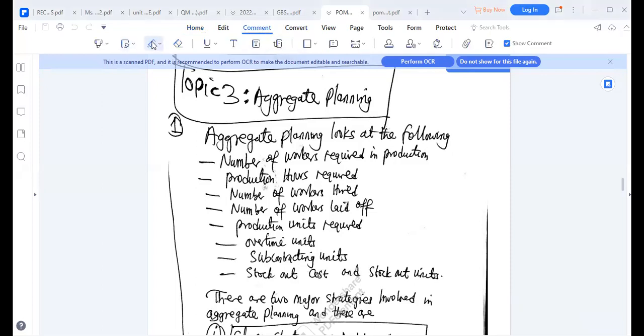Now, aggregate planning has two major strategies, but in general, aggregate planning looks at the following: the number of workers required in production.